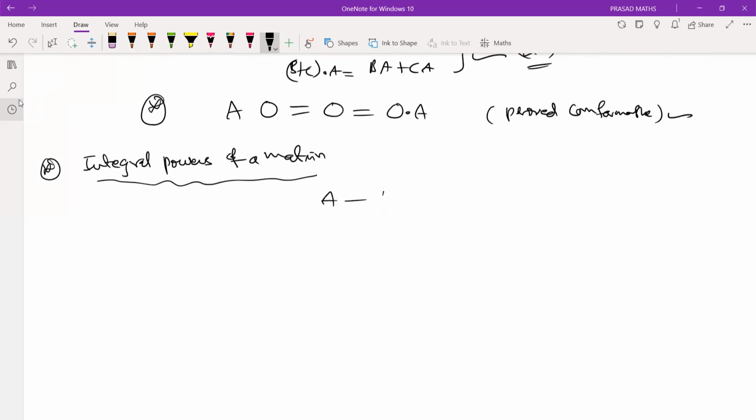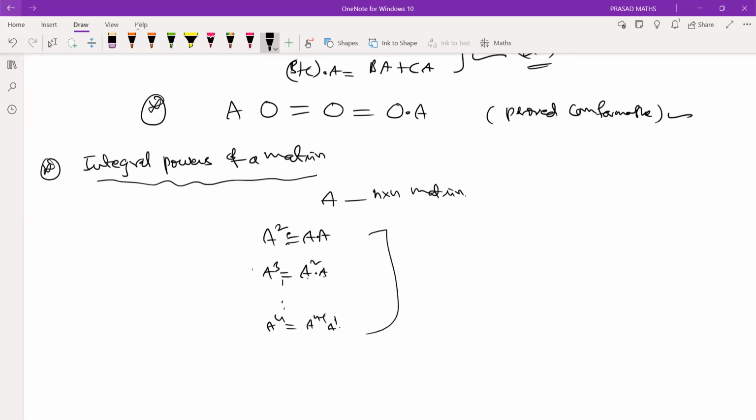You start with any matrix; without loss of generality, take an n by n matrix over a field F. A square is defined as A into A. A cube is A square into A. By induction, A to the n can be written as A to the n minus 1 into A. This is what integral powers of A are; it is also one kind of product of two matrices.